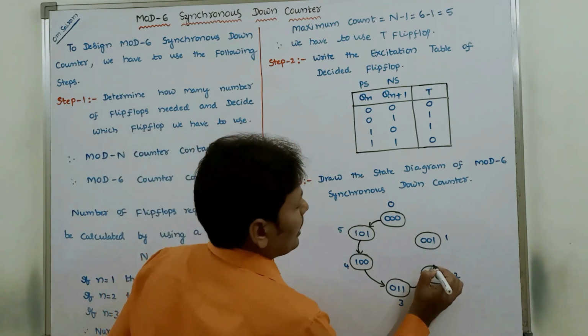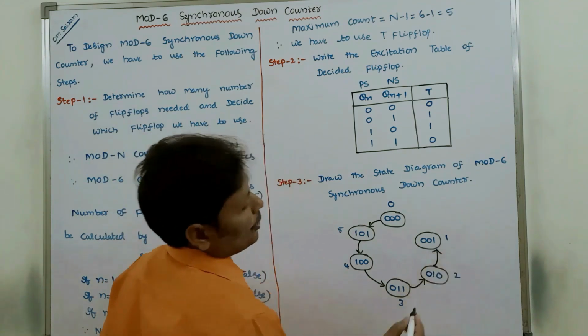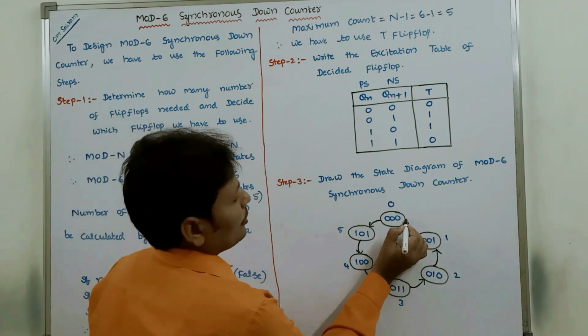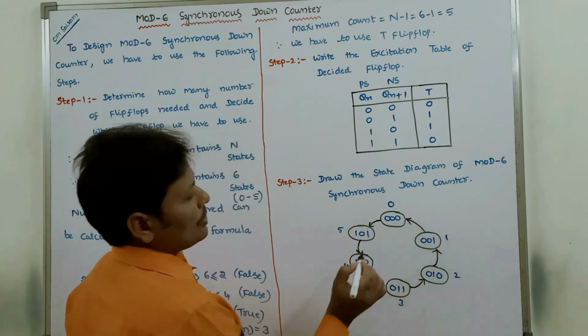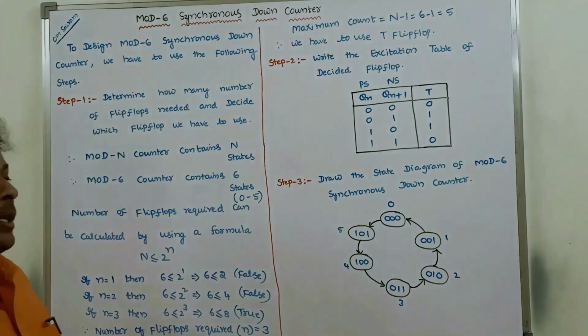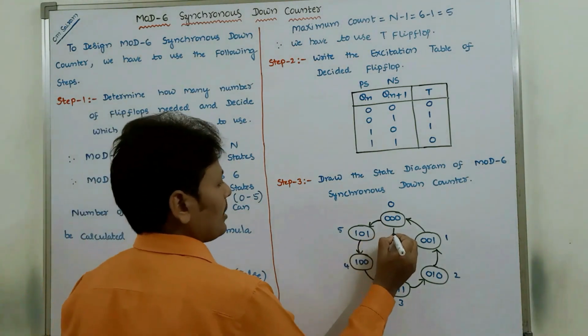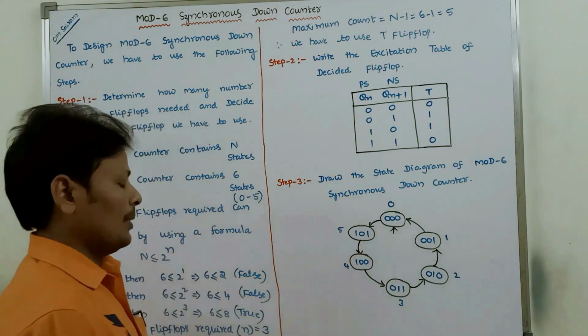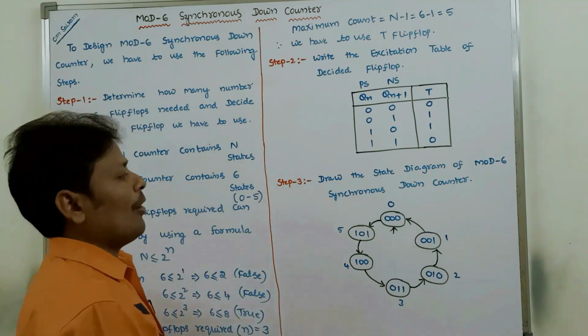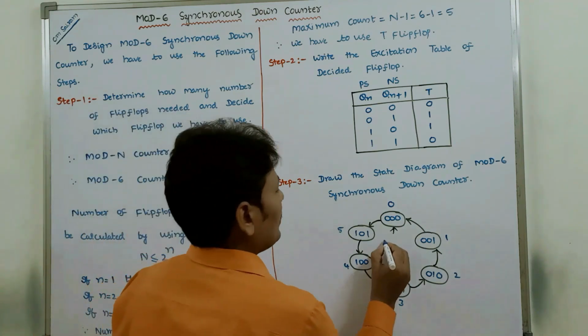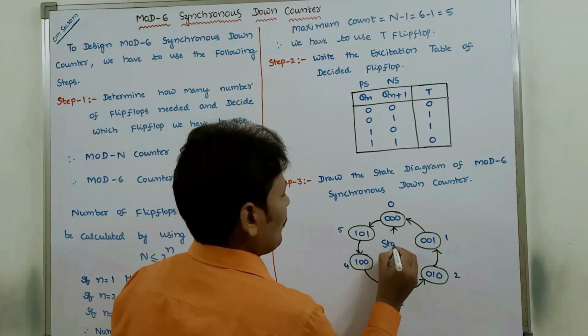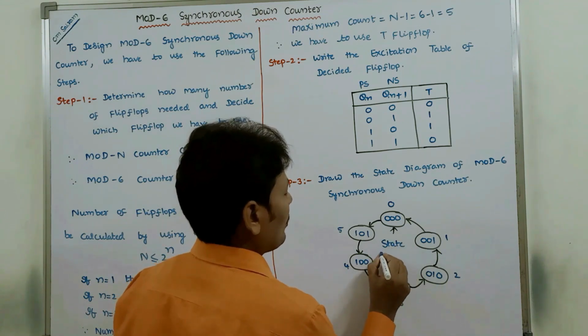Next it goes to 0 0 1 state. Next it goes to starting state 0 0 0. So this is the starting state. Okay, so this is the state diagram of 3-bit mod 6 synchronous down counter.